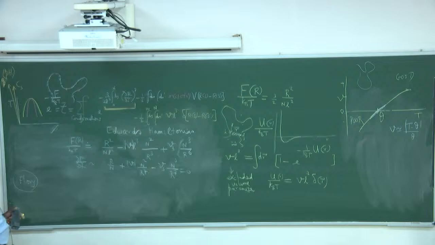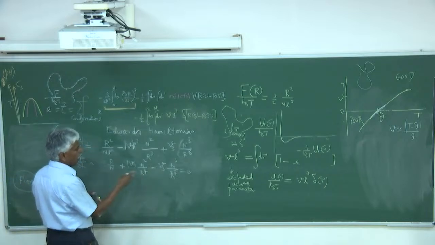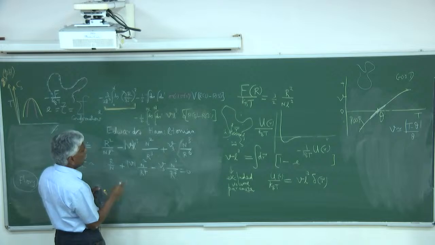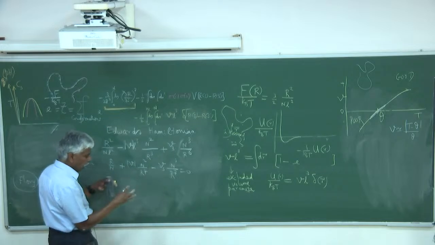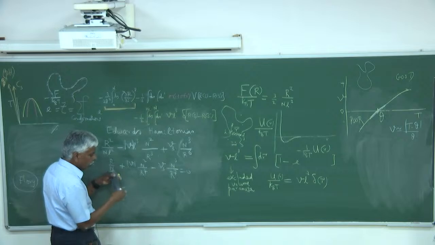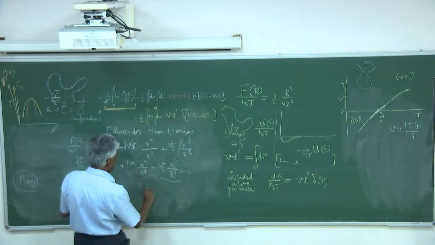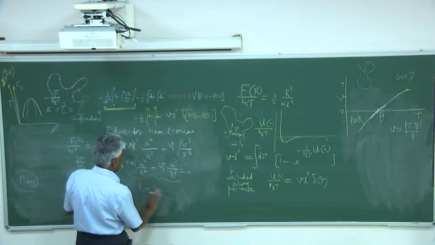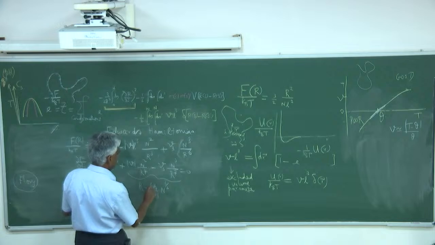That is a dull result, because now volume is proportional to mass. R cubed goes like mass. It's like a potato, a collapsed object. It is very simple. You can really talk about the whole crossover instead of making this extreme limit. You work it out, plot it out, and you will see the coil to globule transition nicely. You can also repeat this calculation, as I am going to tell you in a minute, even when they are charged.